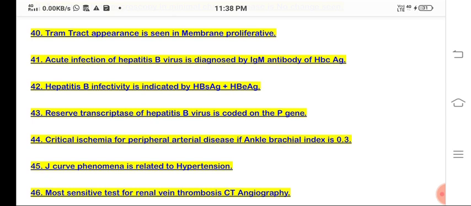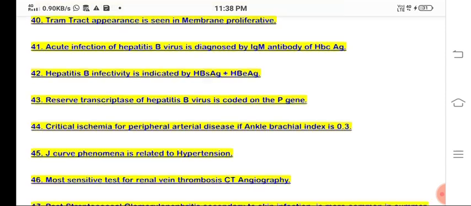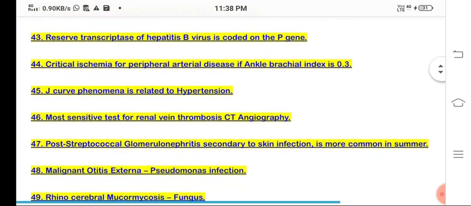That means hepatitis B can now be infective to another person because the virus is replicating. So it is indicated by HBsAg and HBeAg. So HBeAg denotes the replication of the virus. Reverse transcriptase of hepatitis B virus is coded on the P gene.